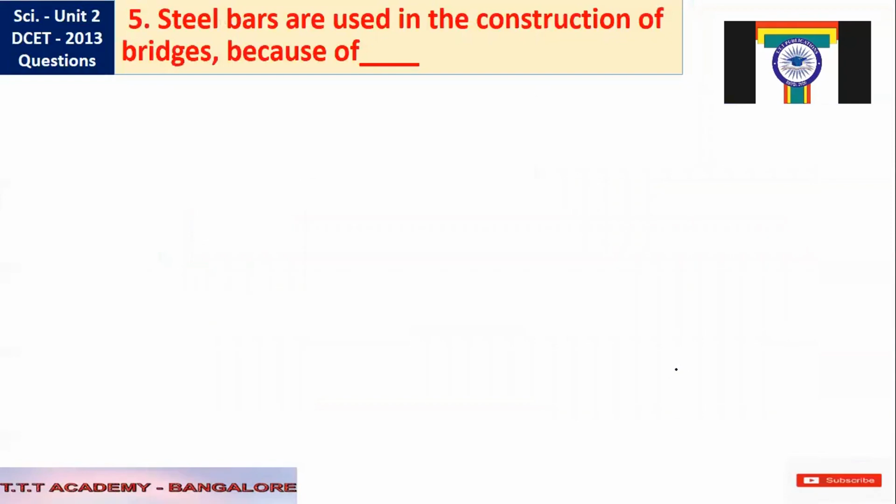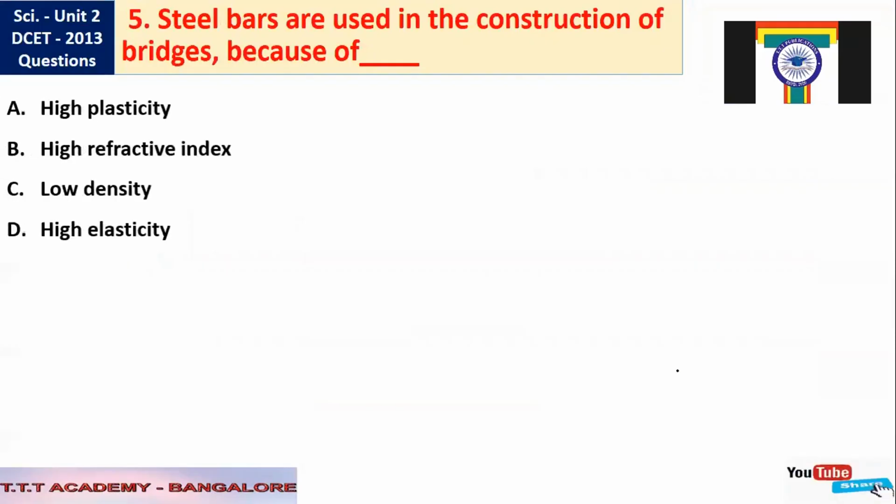The steel bars are used in the construction of bridges because of, here there are different options: high plasticity, due to high refractive index, or due to low density and high elasticity. Before selecting the right option, I'm going to give some information about steel.